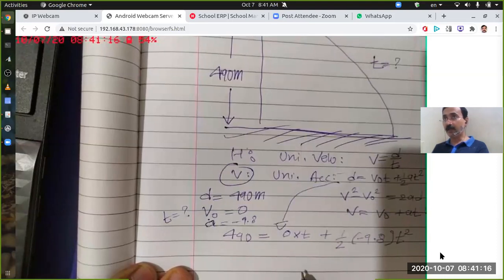So is it upward displacement or downward displacement?